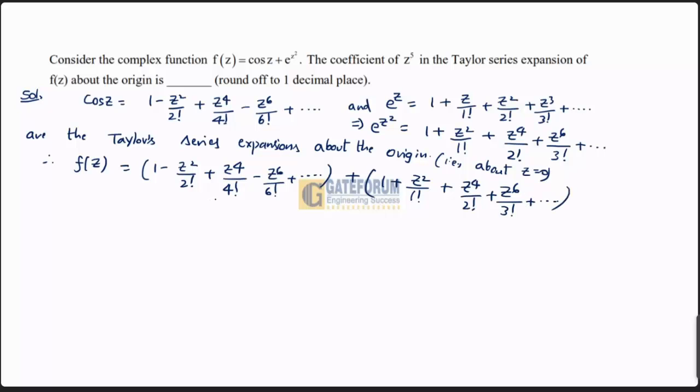So here both brackets contain even powers of z. There is no z power 5 term. So the coefficient of z power 5 is definitely 0.